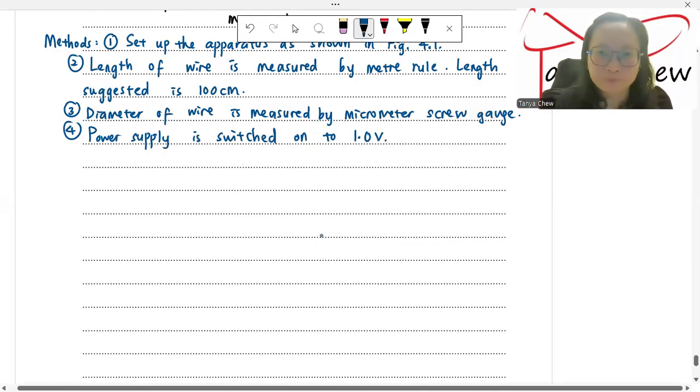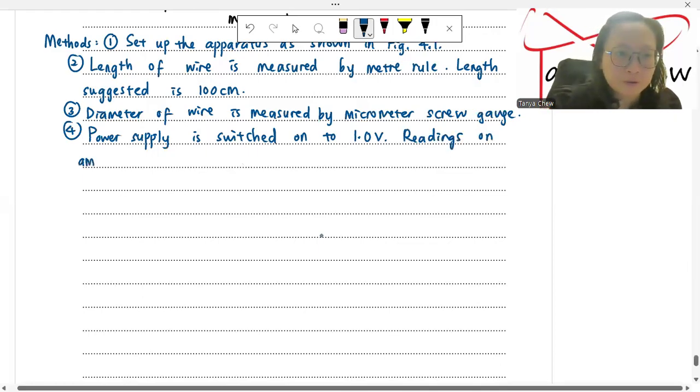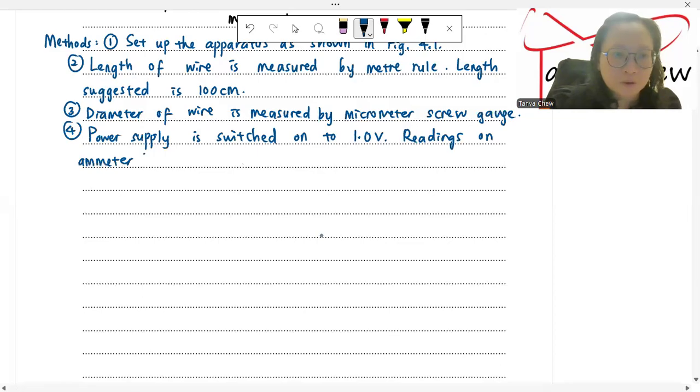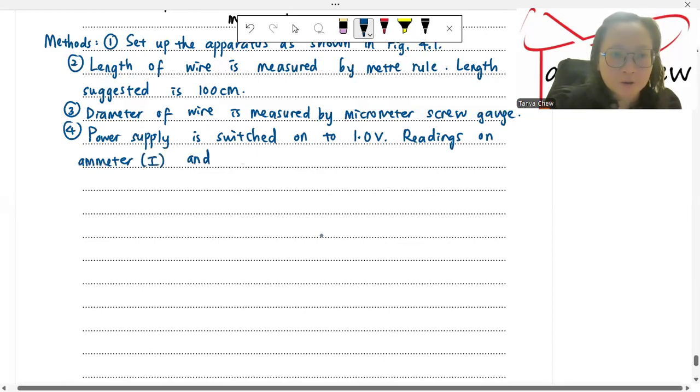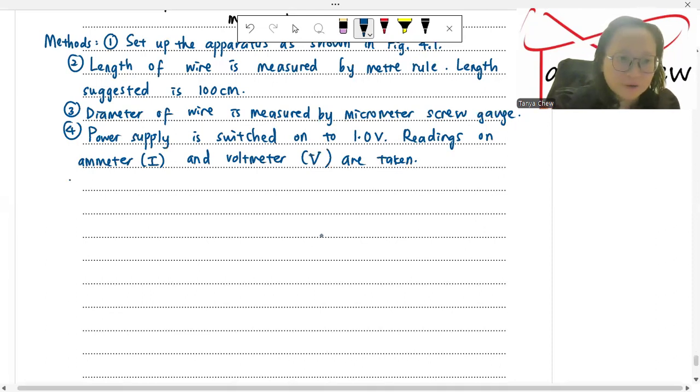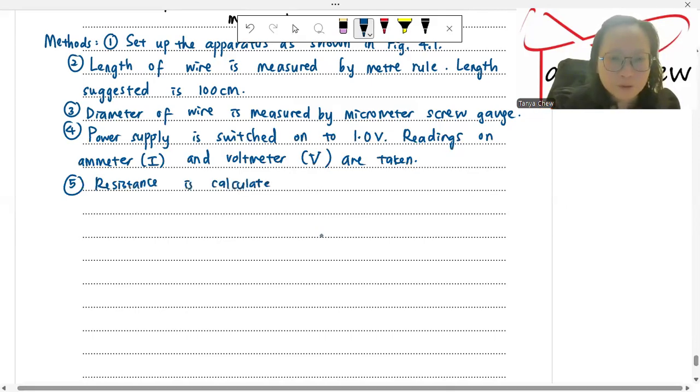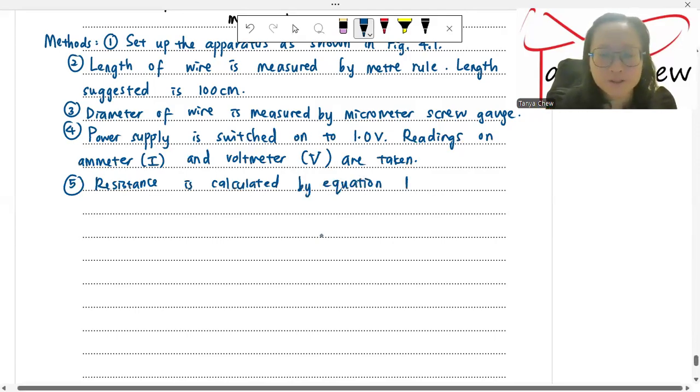And the readings on ammeter, I put this as I, and voltmeter, I put this as V, are taken. Done. And then after that, resistance is calculated by equation R is equal to V over I, capital V.